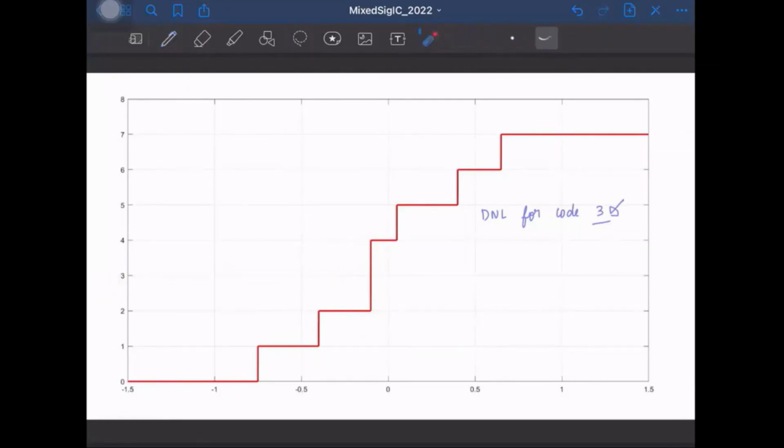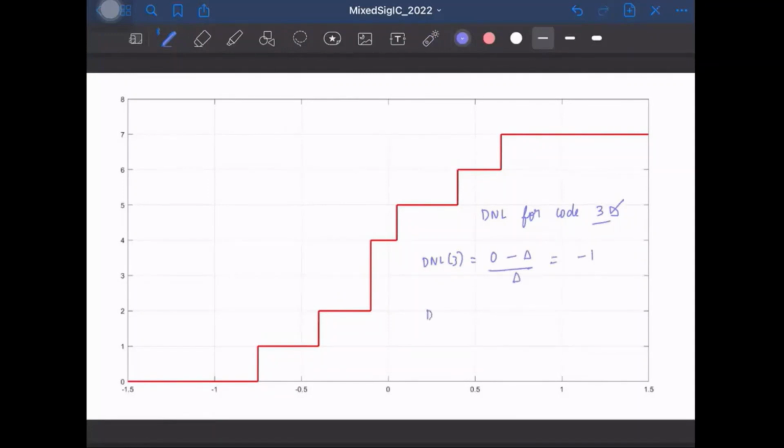Well, there is 0 voltage range, right? That is the total range of voltages which is getting mapped to this code, that is code 3, is 0, right? So essentially the code width is 0. So DNL of 3 is the code width, that is 0 minus delta by delta, which is minus 1.